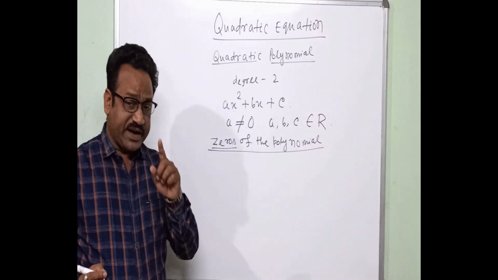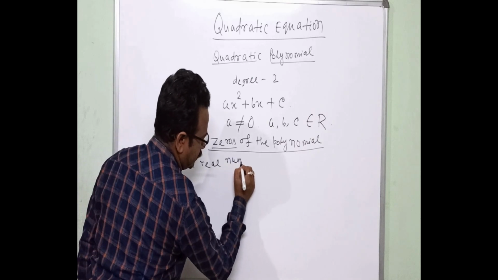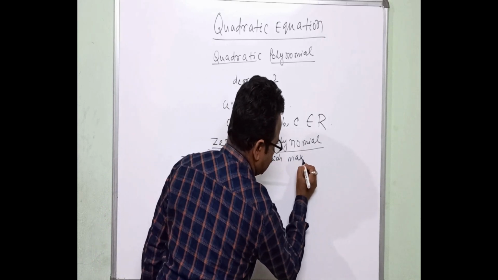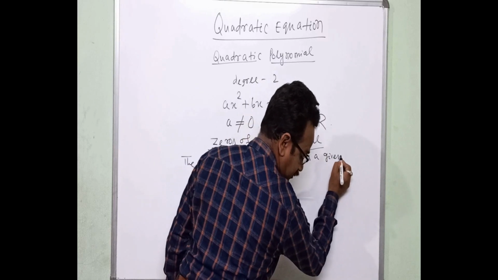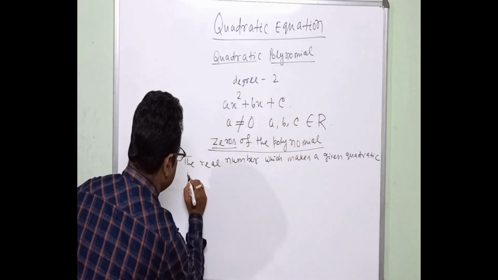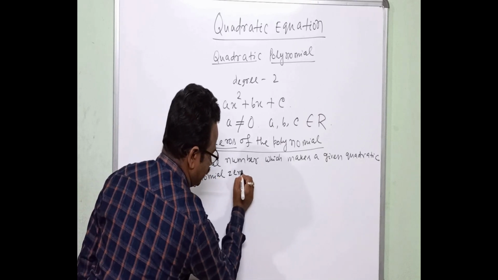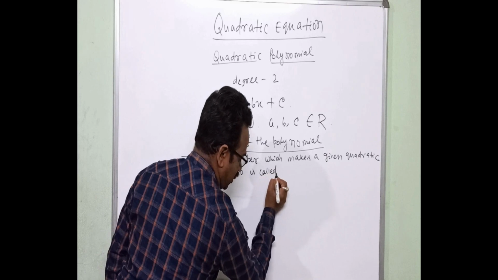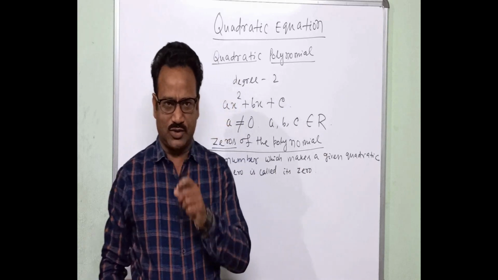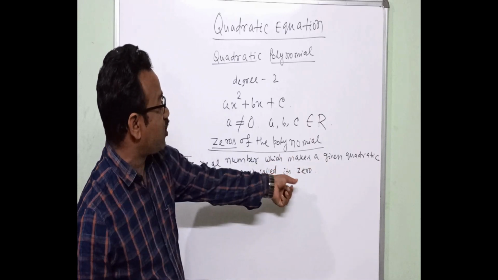Zeros means the real number which makes a given quadratic polynomial zero is called its zero. I think there is some doubt.